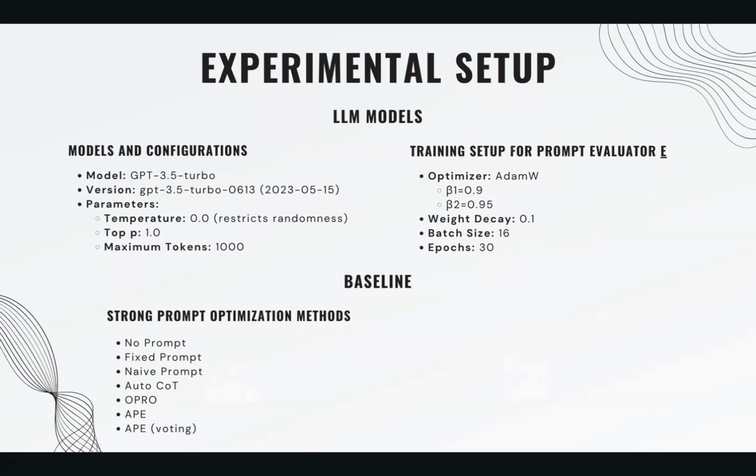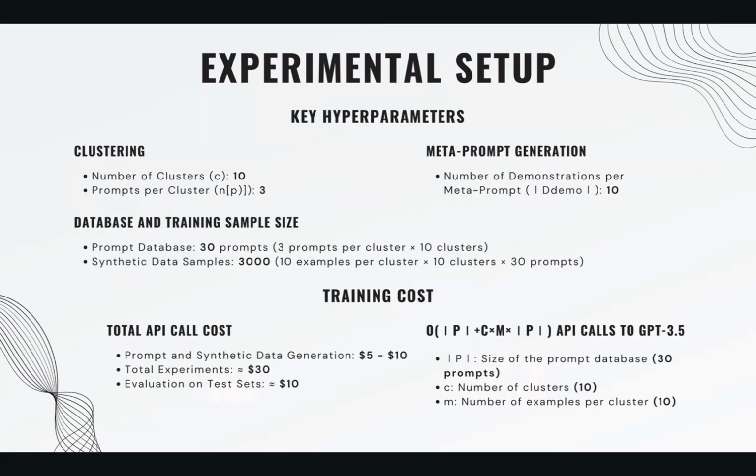The training setup for the prompt evaluator uses the Adam optimizer with weight decay 0.1, batch size 16, and 30 epochs. The key hyperparameters in clustering are number of clusters 10 and prompts per cluster 3. And for the meta prompt generation, the number of demonstrations per meta prompt is also 10.